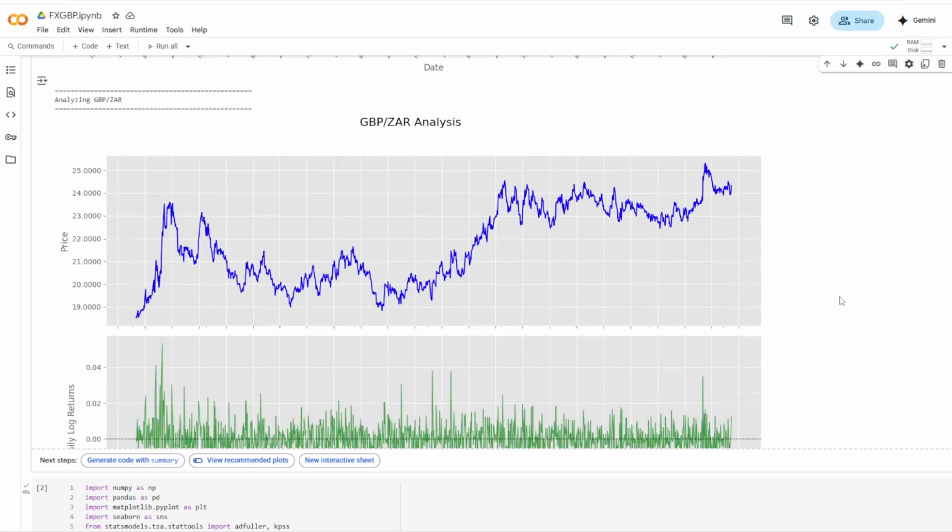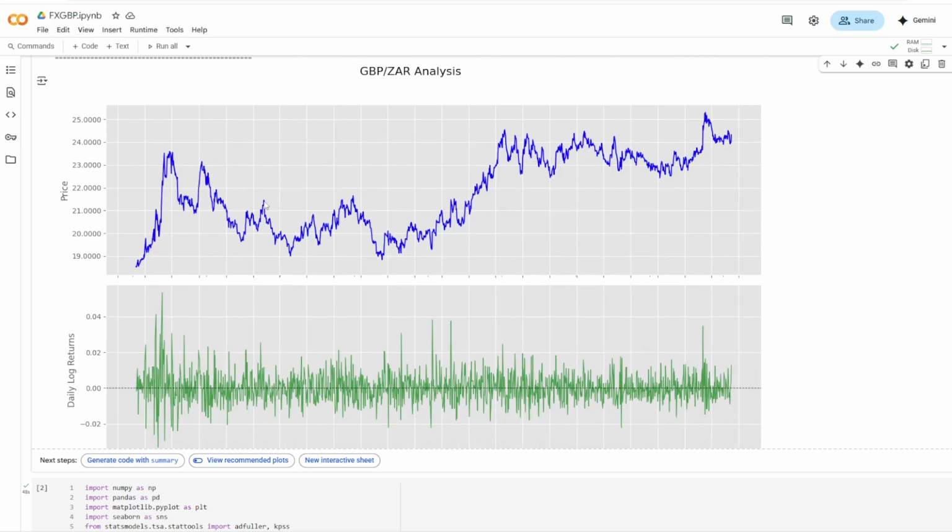Okay, you can see here the price of the pound South African rand, and the pound has gone from 19 to 25. So now any South African has to fork out something like 6-7 rand more to have a pound.